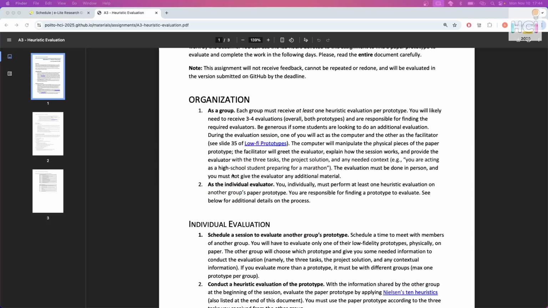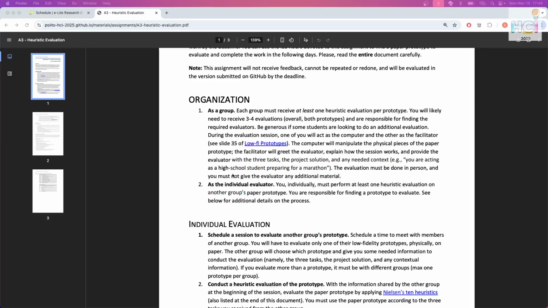The facilitator introduces the tester, the evaluator, to the tasks, for example, but more importantly, at the beginning, gives some additional information on the context and on the solution. So, for example, the facilitator tells the evaluator, okay, you are acting as a high school student preparing for a marathon.